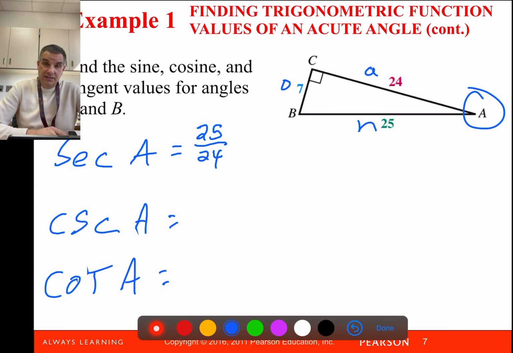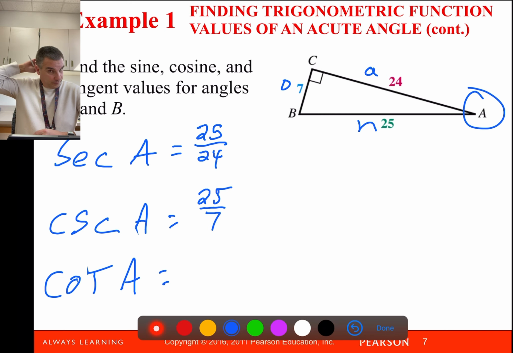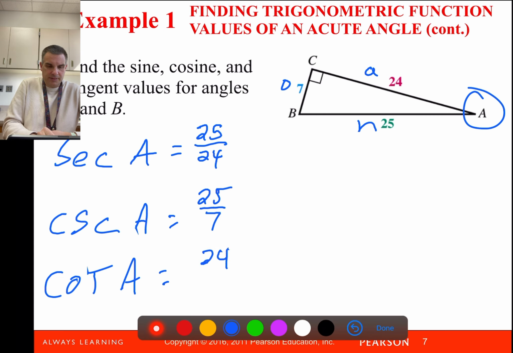Cosecant is the reciprocal of the sine. So hypotenuse over opposite, so 25 over 7. And the cotangent is the reciprocal of the tangent of A. So tangent is opposite over adjacent, so this is adjacent over opposite.